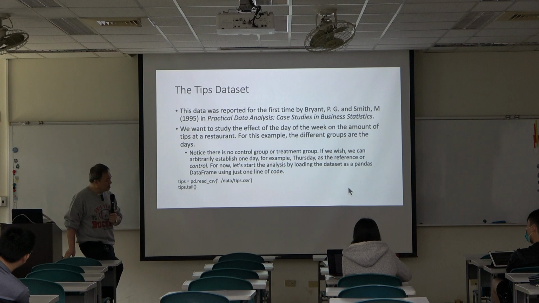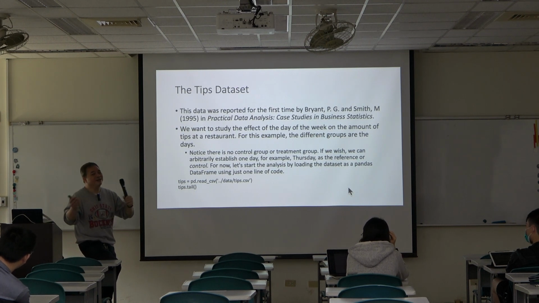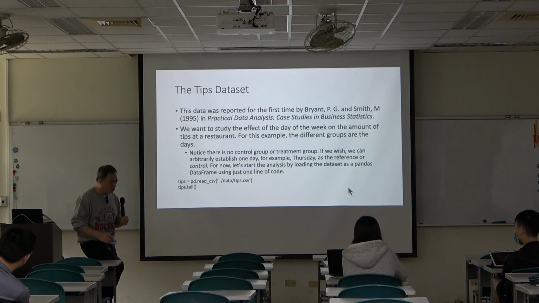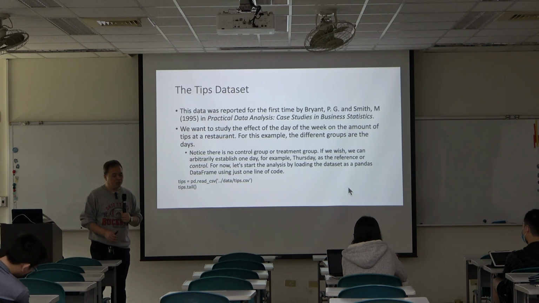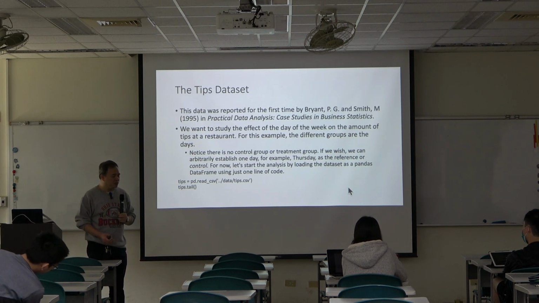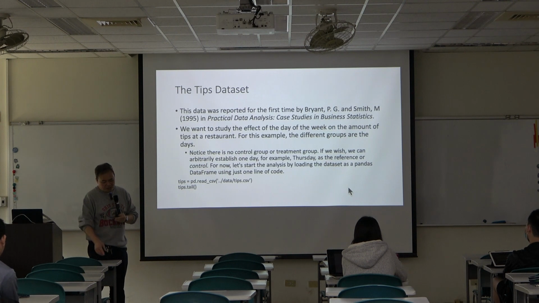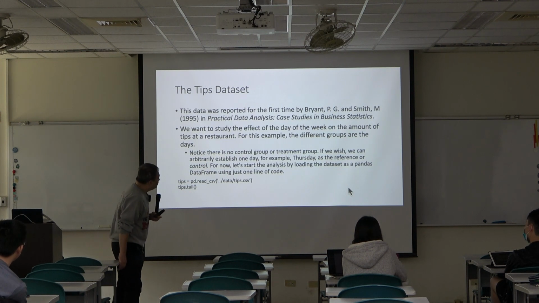If it's dinner, then it's normally 15%. I'm talking about in general. I'm not saying this is a written rule, but if you feel the service is reasonable, it's okay, and as I said, because tipping is sort of mandatory in the U.S., you have to tip. So you just calculate this amount as your tips.